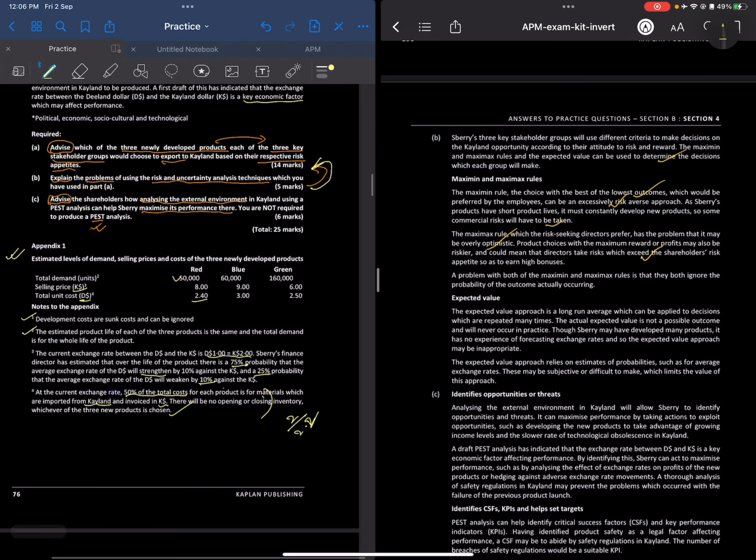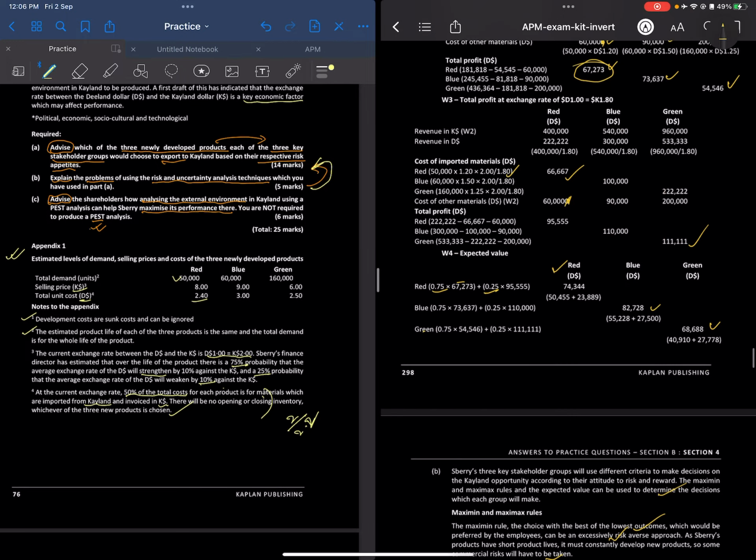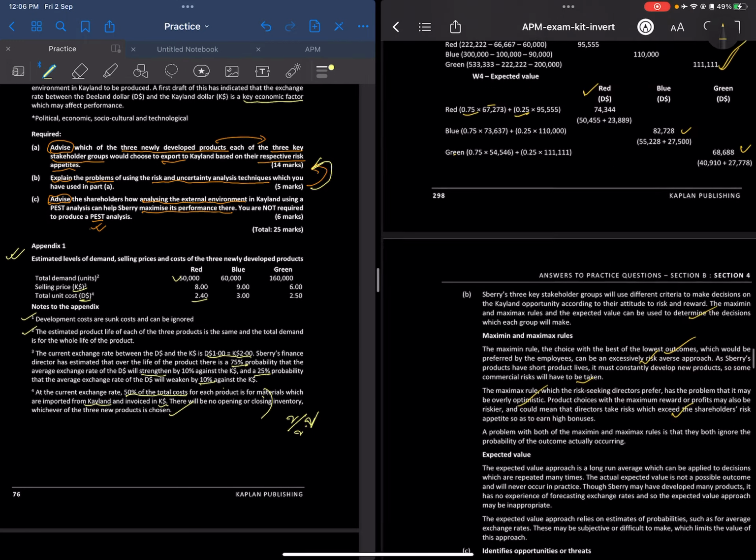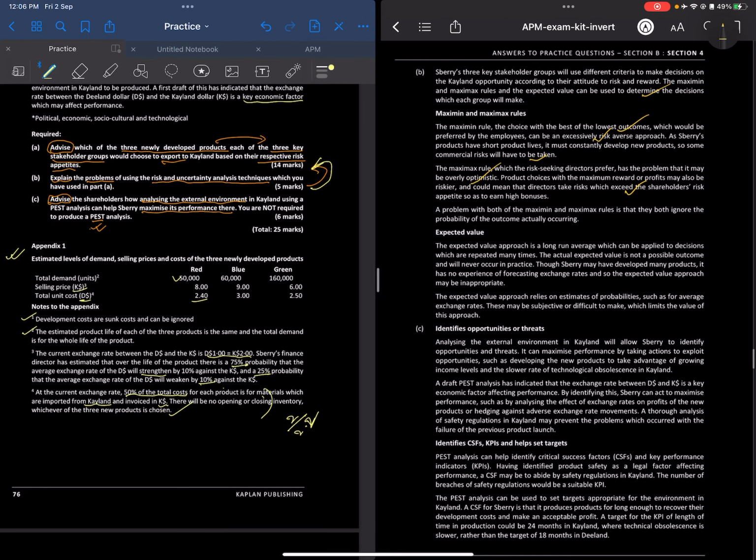Remember, they are choosing green, which could exceed the risk appetite of shareholders. So the problem with both maximax and maximin is that they ignore the probabilities of outcomes actually occurring. So they don't take probabilities into account.